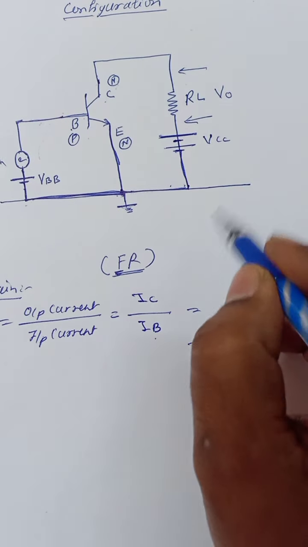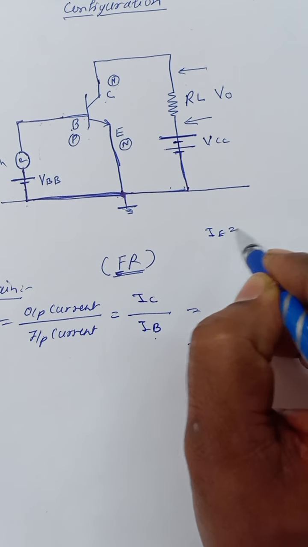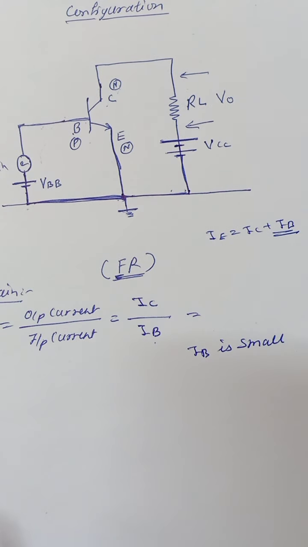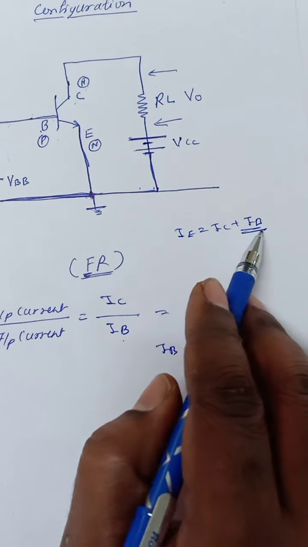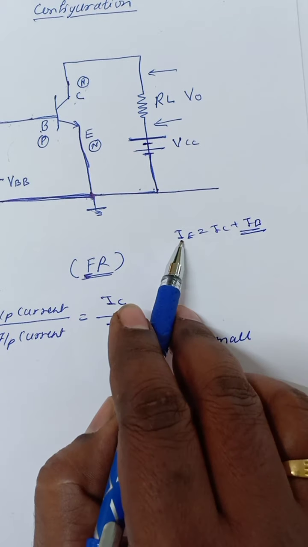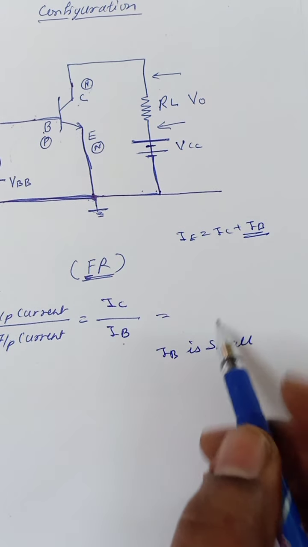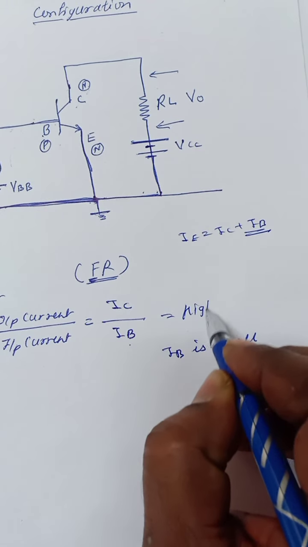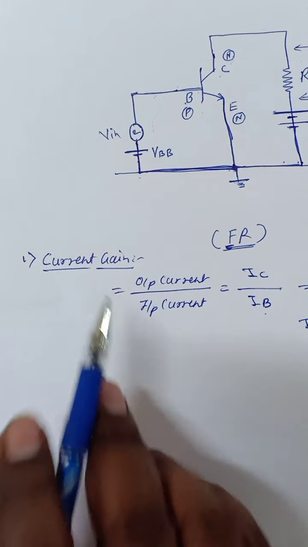According to the equation IE equals IC plus IB, and since IB is very small, IC is approximately equal to IE. So this is very high. The important factor is that you get a current gain.